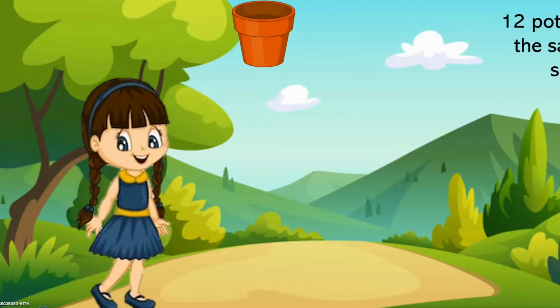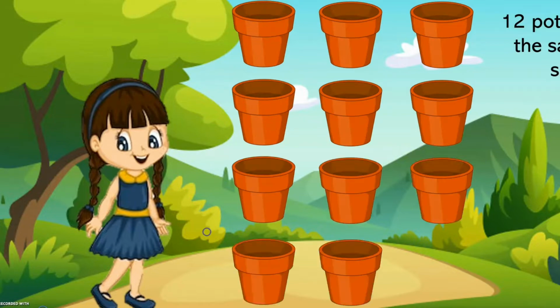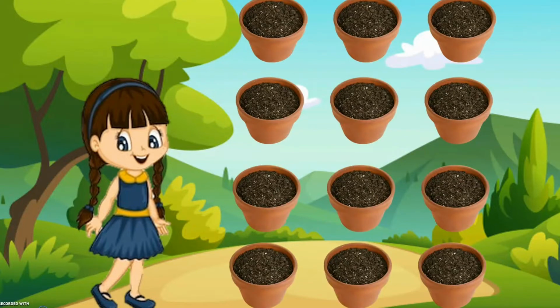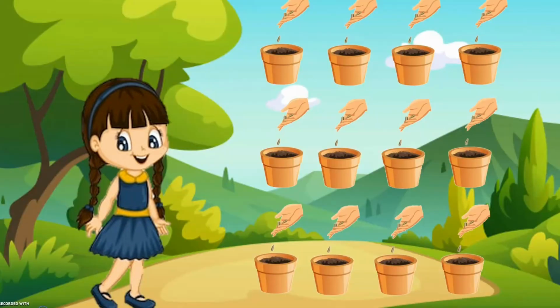Nadja prepared 12 pots of the same sizes. She also placed an equal amount of 1 kilogram loam soil in each pot. From the nursery, she picked up 12 uniformly sized tomato seedlings.